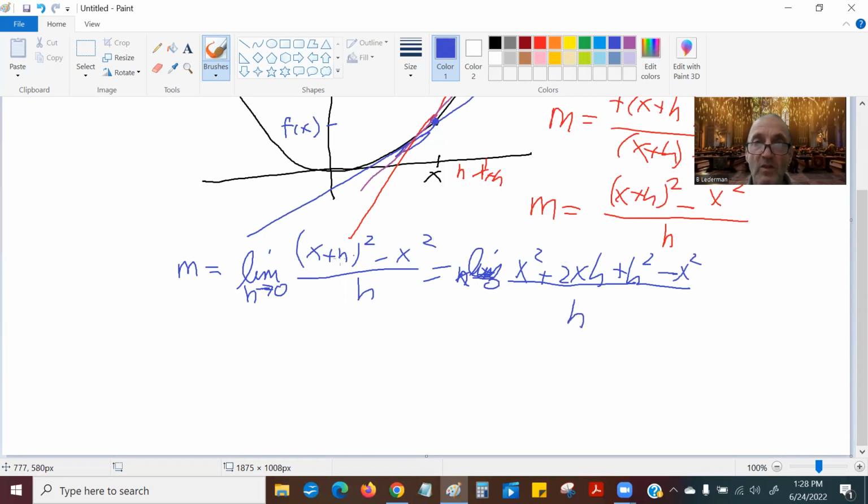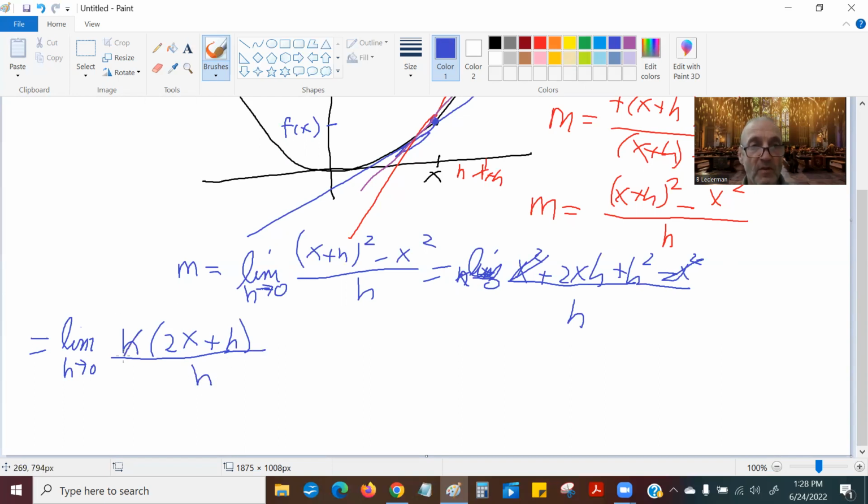What did I do here? I just took this guy here and I expanded the binomial. Now notice I have an x squared and I have a minus x squared. So this is now all equal to the limit as h goes to 0 of, now I'm going to factor out an h times 2x plus h, over h.